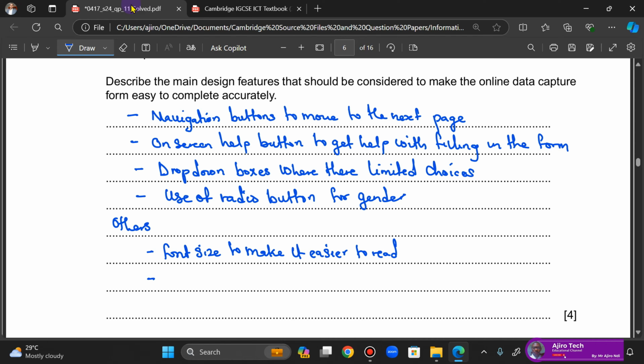It could be font style to make it easier to read. Another one could be good use of the white spaces.